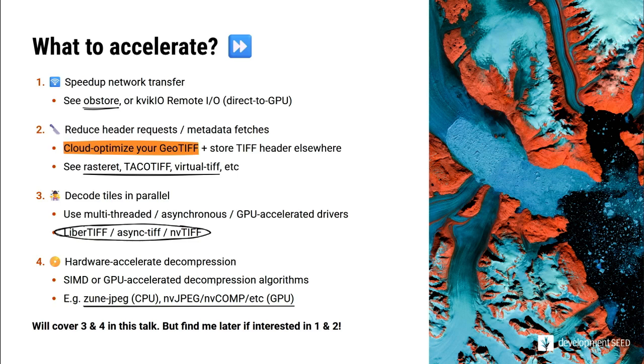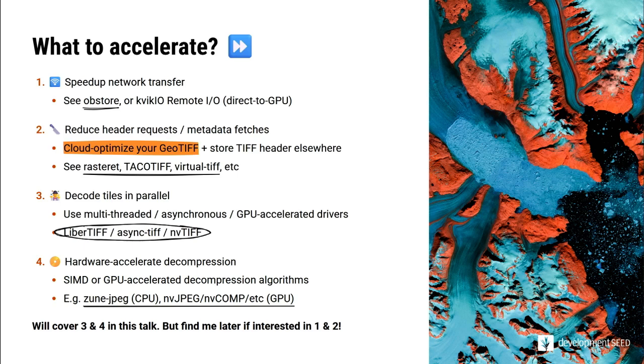I'll touch a little bit on hardware accelerated decompression. You can make use of the CPU's SIMD, single instruction, multiple data instructions. Those make things a lot faster if you have a lot of data to process. And obviously the GPU can do a lot of things in parallel as well, depending on what sort of GPU you have.